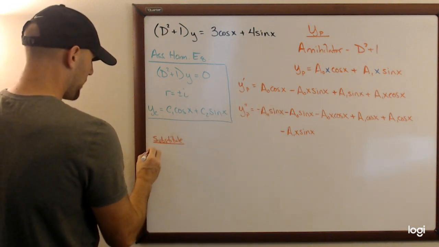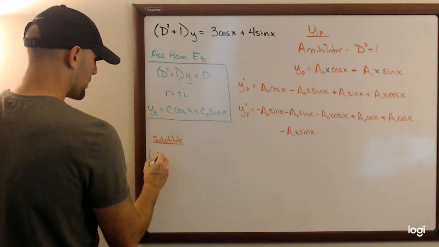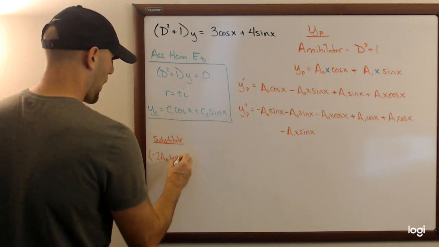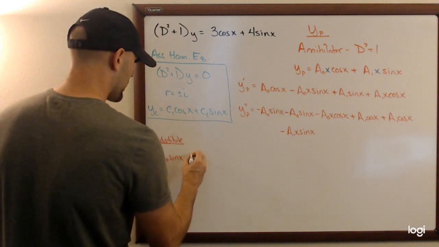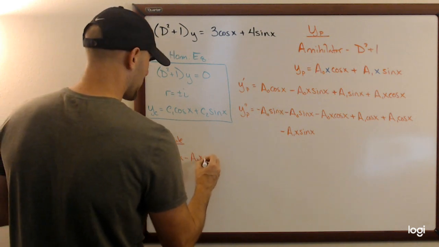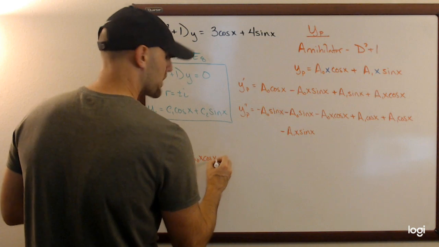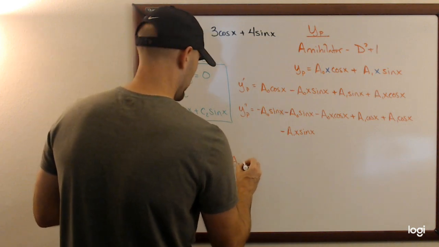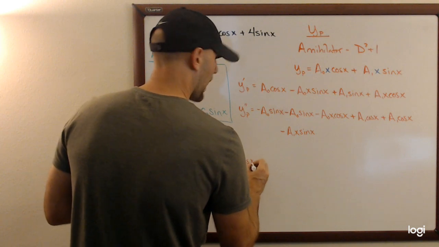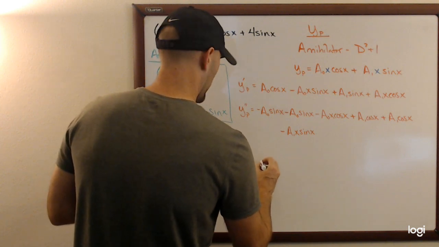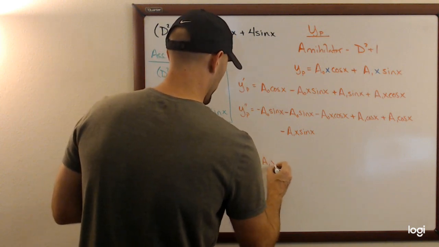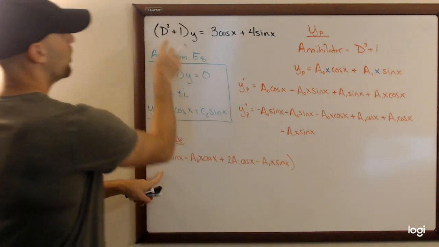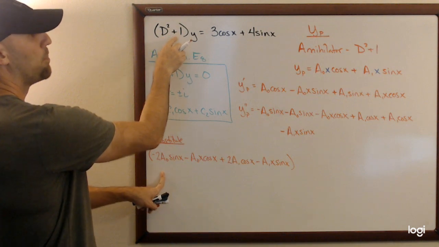That's negative 2 a naught sine x minus a naught x cosine x plus 2 a1 cosine x minus a1 x sine x. So this is all y double prime plus y.